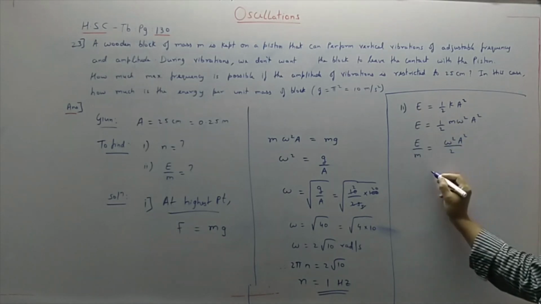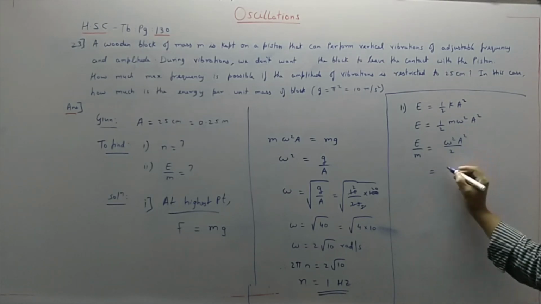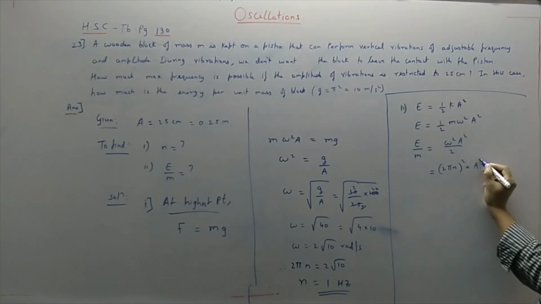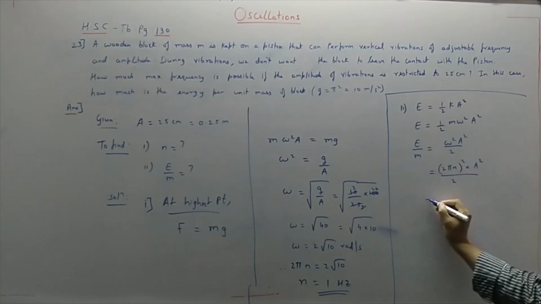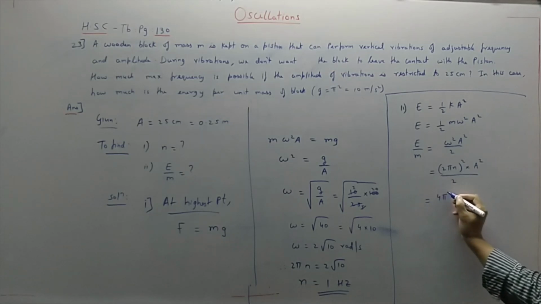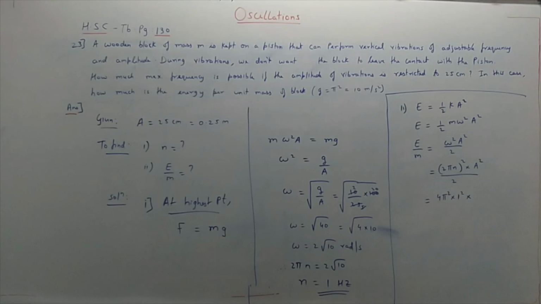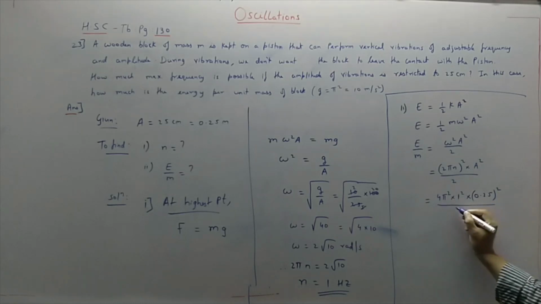Just put the value, omega as 2 pi n, whole square, amplitude square upon 2. That is 4 pi square, with n approximately 1, into 0.25 whole square, divided by 2.